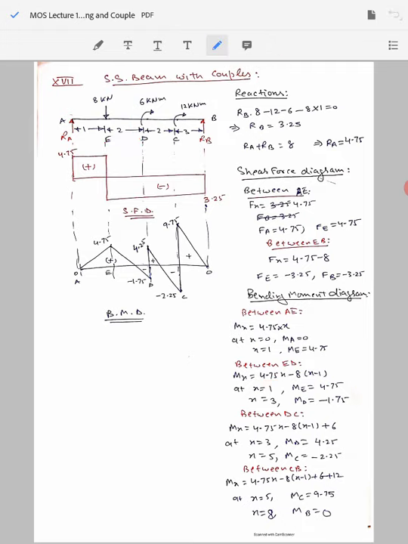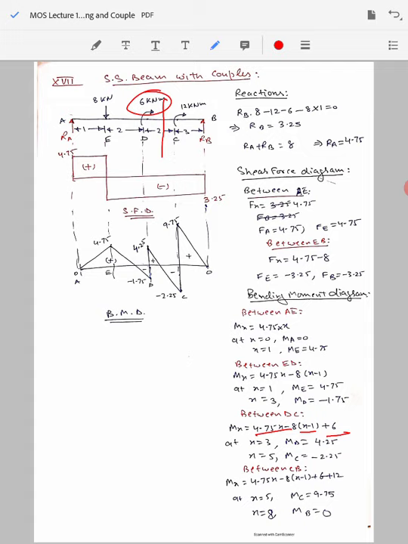Now when you write the equation for span DC and you cut the beam here, because of the support reaction RA and applied force 8, the first two parts of the equation are the same, 4.75 X minus 8 into X minus 1. But now you need to add this 6 kilonewton meter applied moment to this.